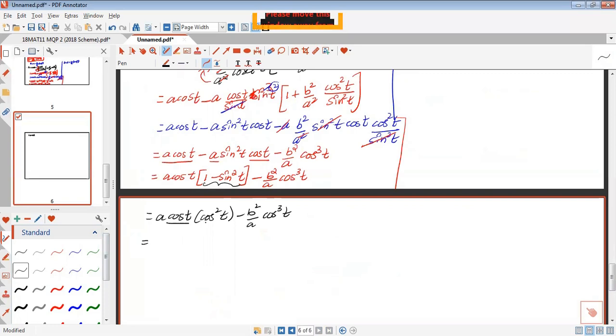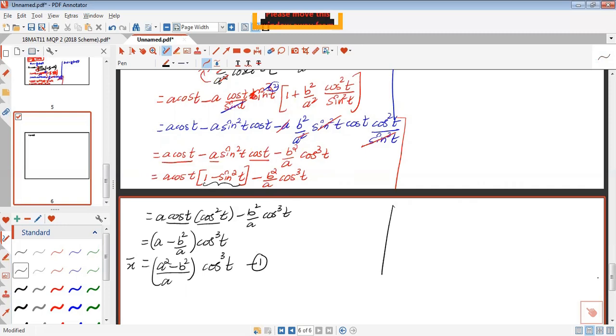Here cos into cos square is cos cube, which is a common term. Cos cube t is common. Remaining is a in the first term, and in the second term minus b square by a. Or else you can write, taking the common denominator a, a square minus b square divided by a times cos cube t, and I'll take this as equation number 1, left hand side x bar.